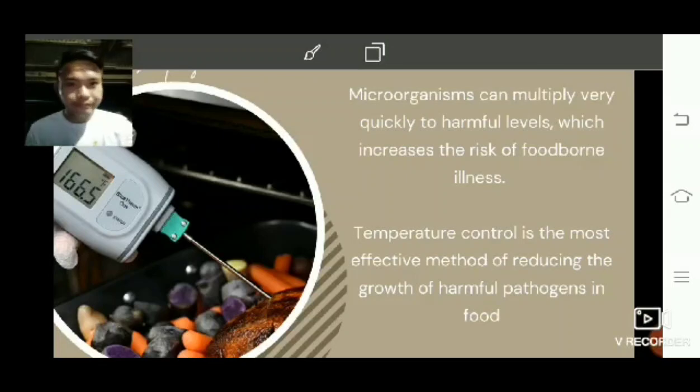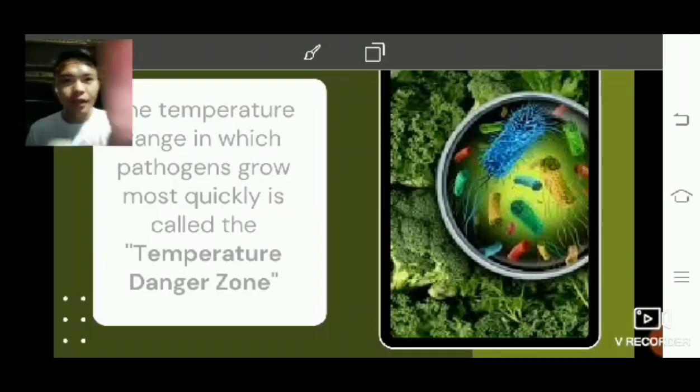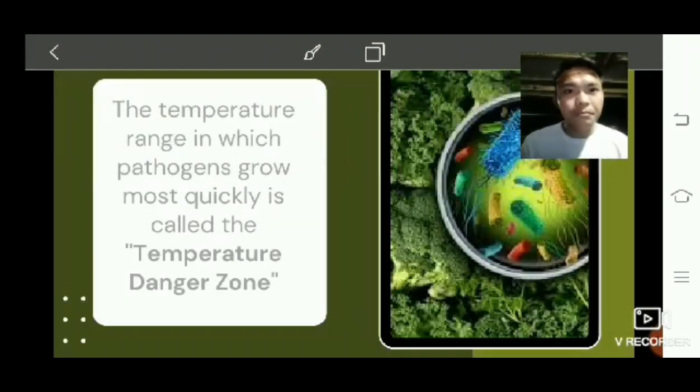Okay? So you can see there examples of specific temperatures for certain foods. Okay, so now, the temperature range in which pathogens grow most quickly is called the temperature danger zone.